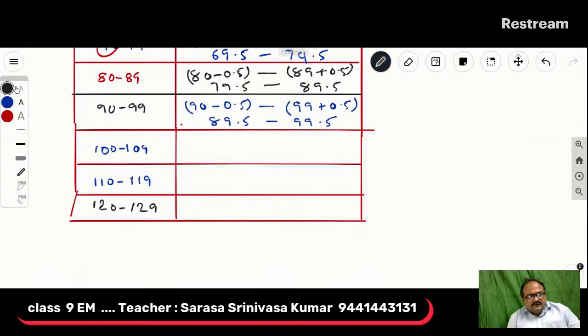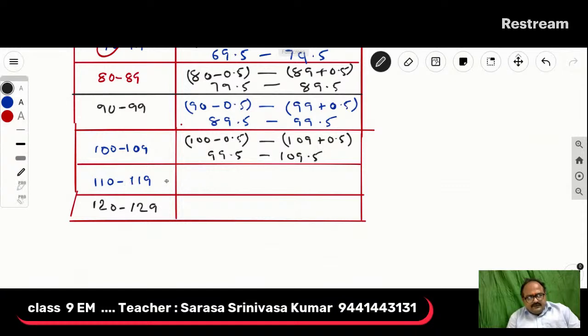And next we can write this 100 to 109. 100 minus 0.5 to 109 plus 0.5. So this can be written as 99.5 to 109.5.